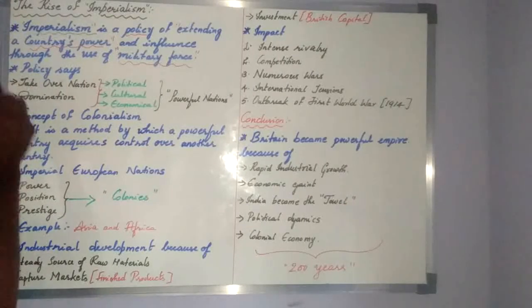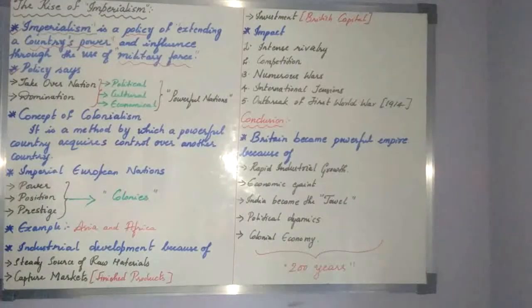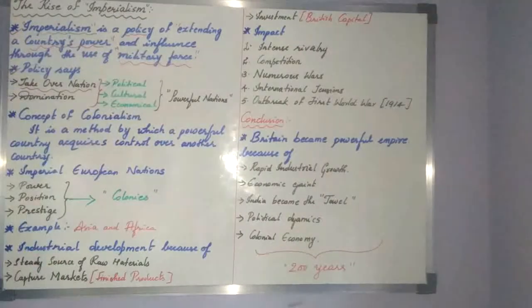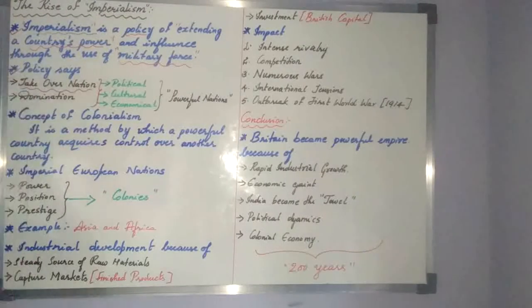Next, the second point, it's very clear here. The policy says how you are going to extend your country's power or influence, how you are going to control it, or implement it, by taking over the nation.